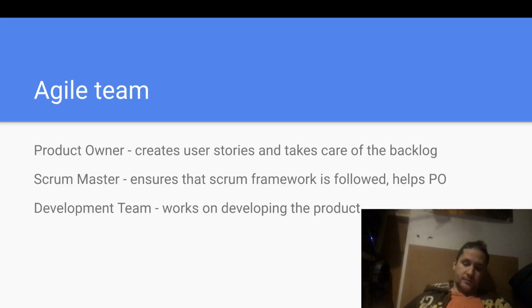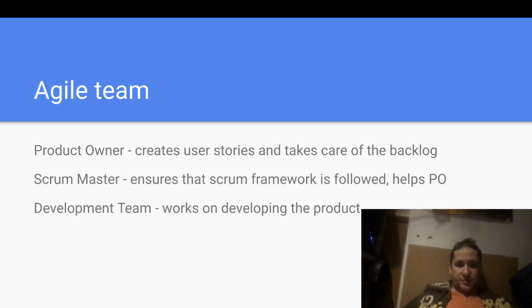The Scrum Master, also called a servant leader, is there to make sure that the Scrum team is following the principles of Scrum itself. They can also help the product owners with some of the user stories. The development team is there to develop the products.